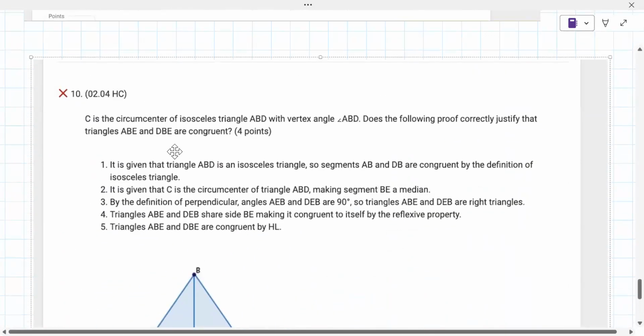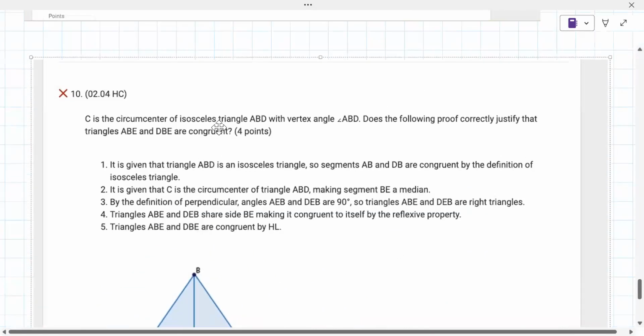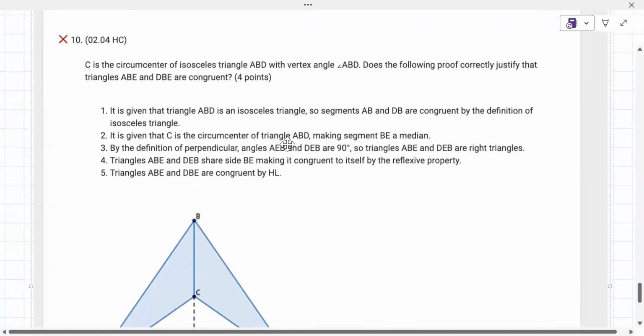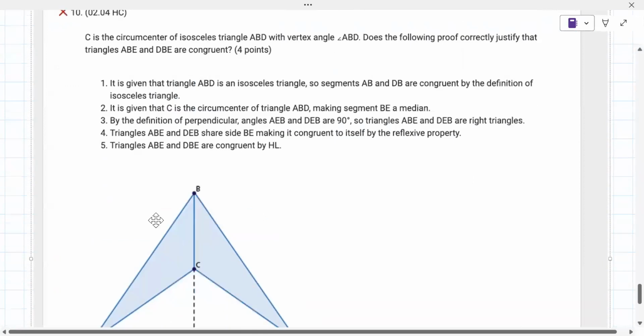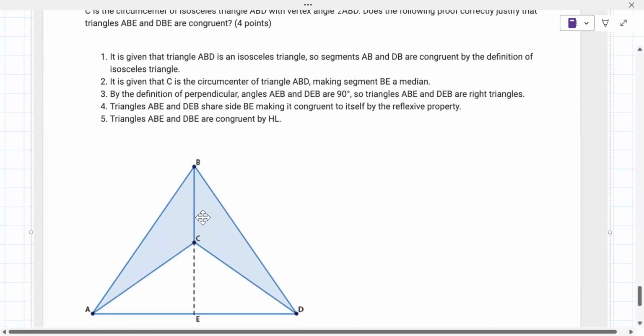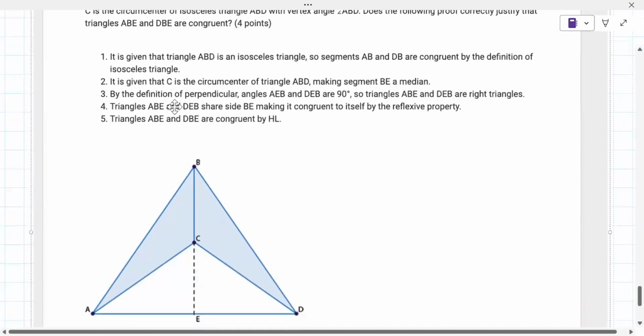All right, C is the circumcenter of an isosceles triangle ABD with vertex angle ABD. C is the circumcenter. Okay, circumcenter of that. Congruent ABE and DBE.